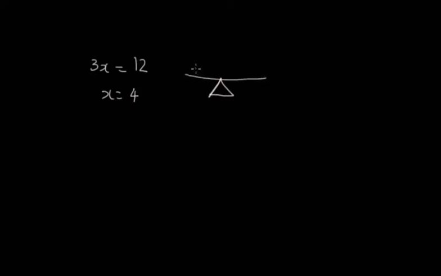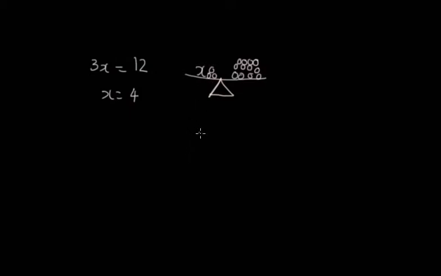Here's our x, and we can have 1, 2, 3, 4, 5, 6, 7, 8, 9, 10, 11, 12 apples on this side, and we can have 3 apples on that side.